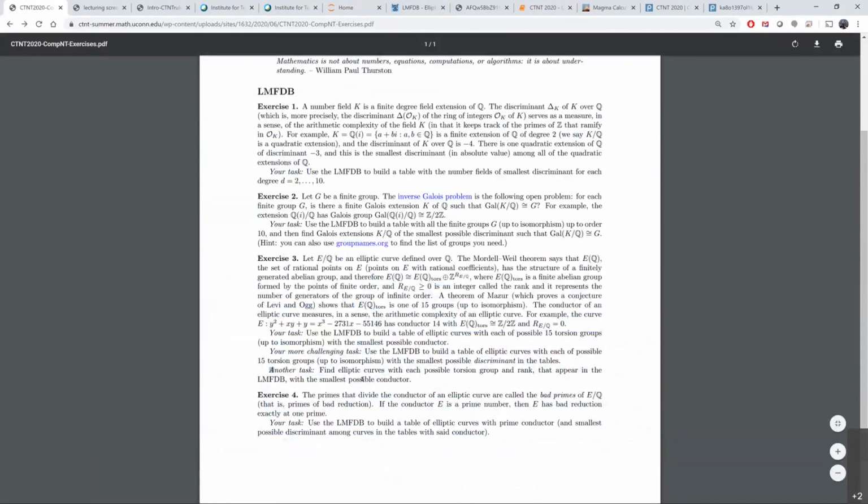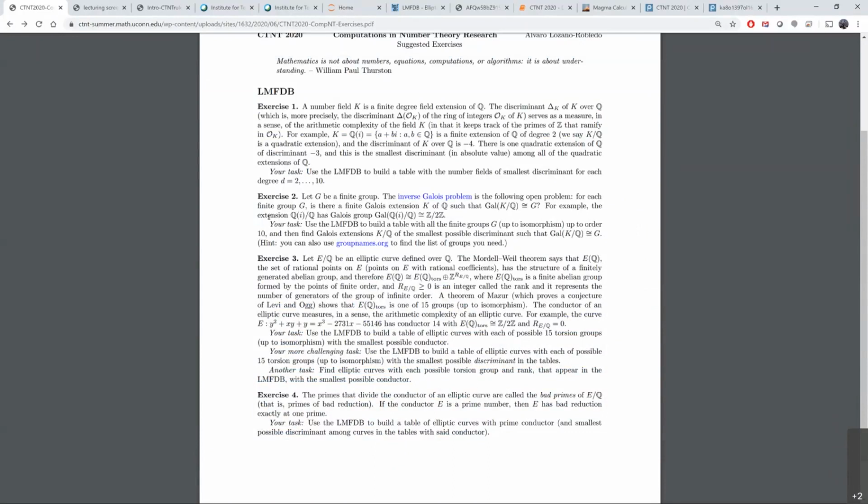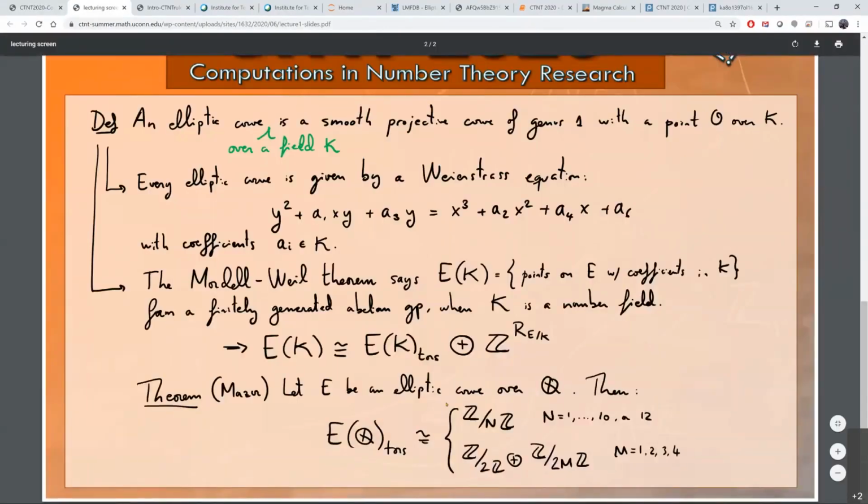Even farther down in that task is finding elliptic curves with each possible torsion subgroup and rank. As I said, we're interested not only in the torsion subgroup, but in the structure of the entire Mordell-Weil group.